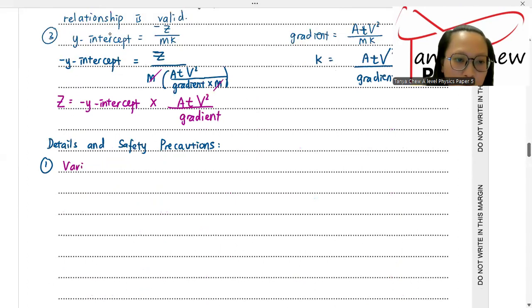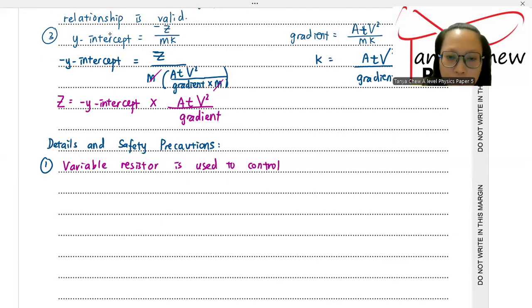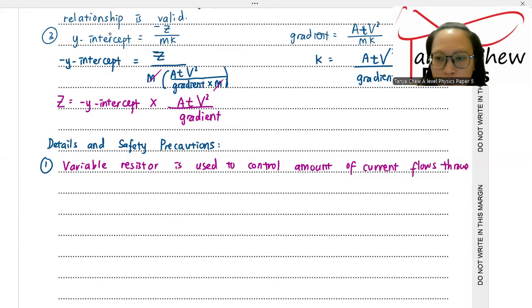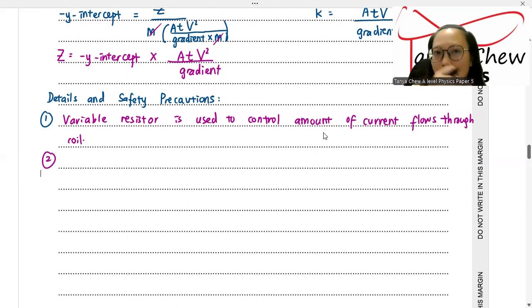So variable resistor, or it can be called as rheostat as well, is used to control amount of current flows through coil.